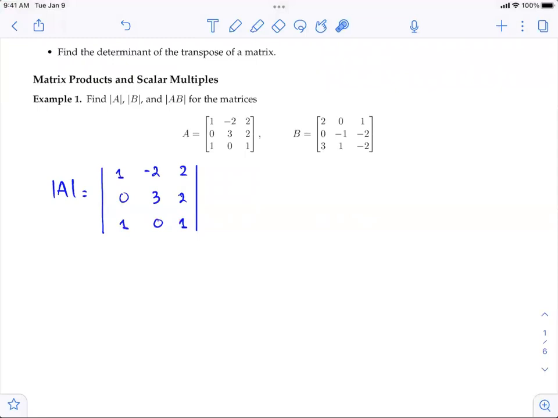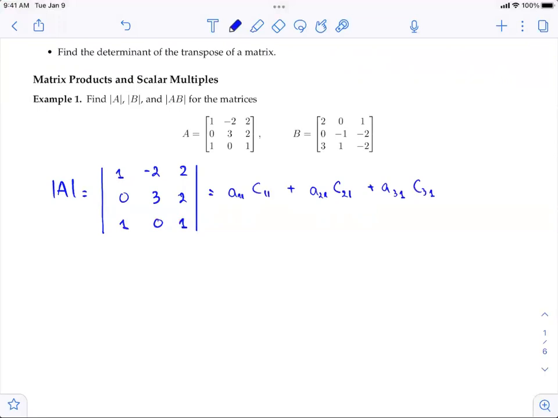So it's easy enough, right? For the first column, it should be A11 times C11 plus A21 times C21 plus A31 times C31.